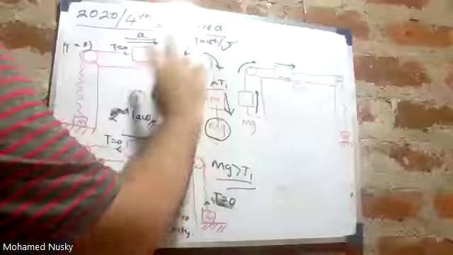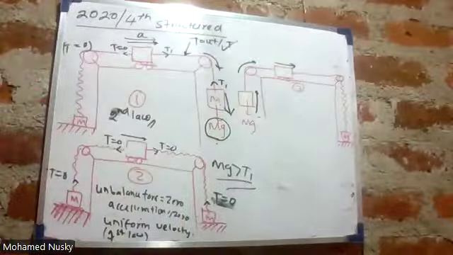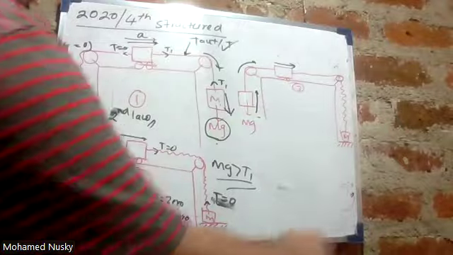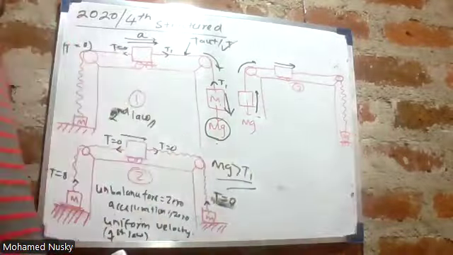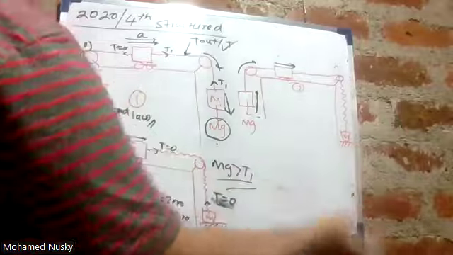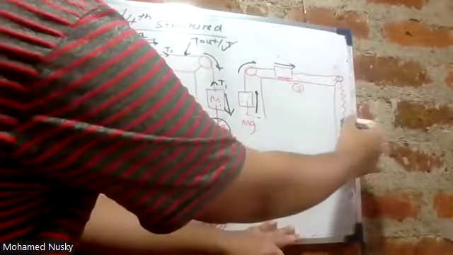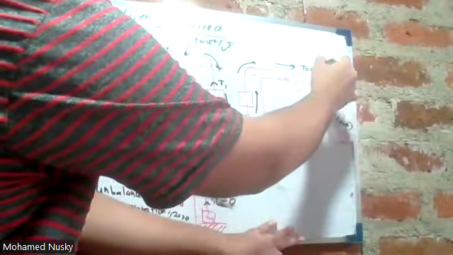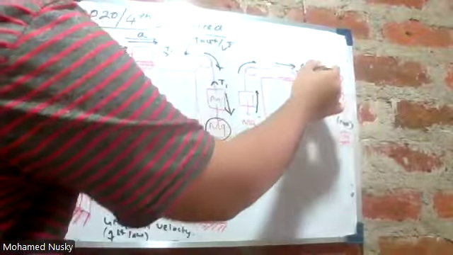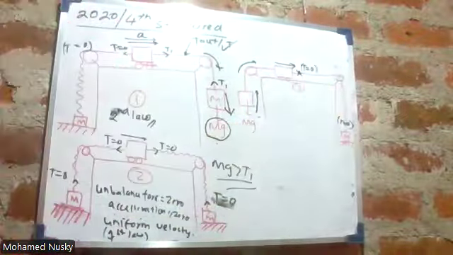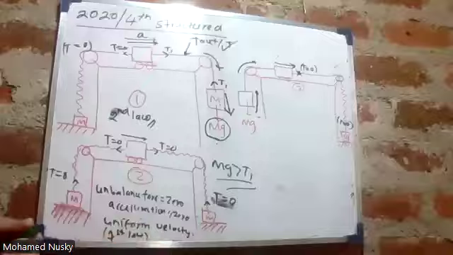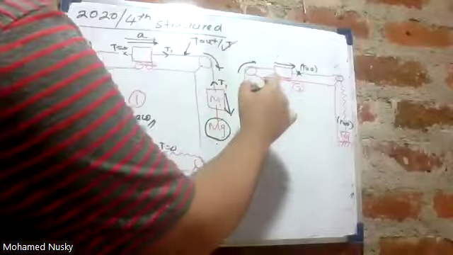In the third instance, it is the opposite of the first instance. The trolley is moving in this direction. Here you can see M is in contact with the surface. If M is in contact with the surface, here tension is 0. If tension is 0, here also tension is 0. There won't be any force on this object in the forward direction. But you see this mg, the mass is moving in the upward direction.